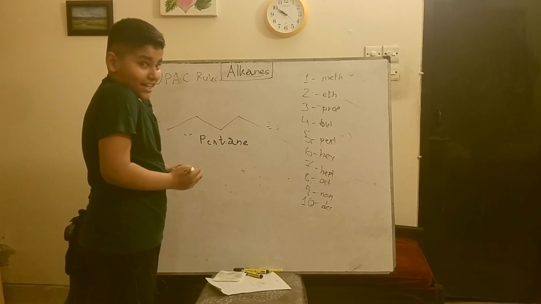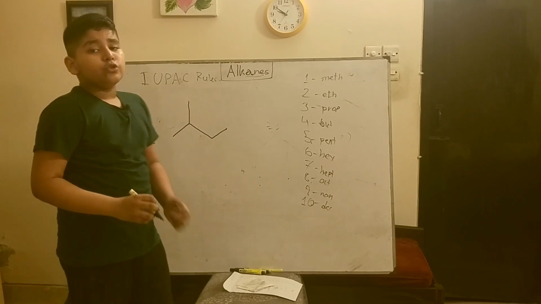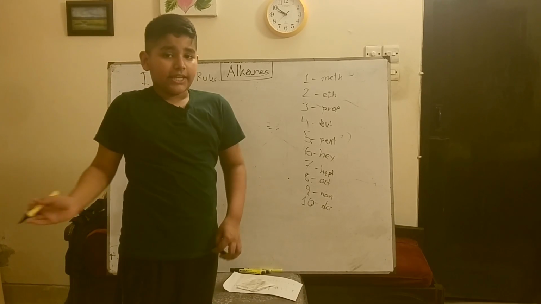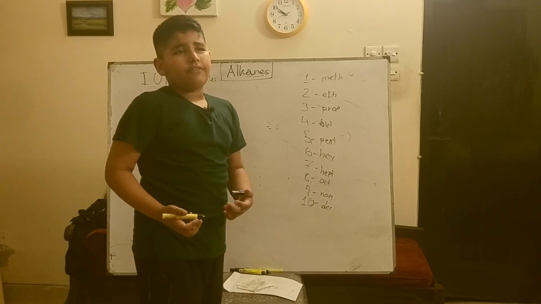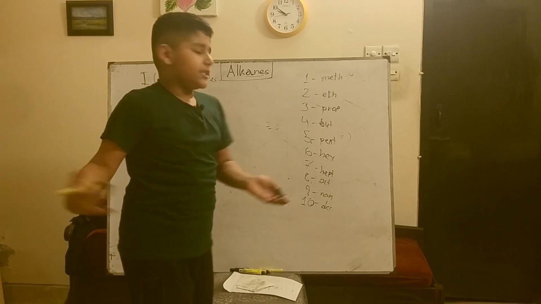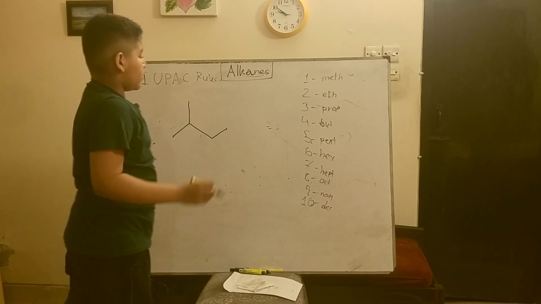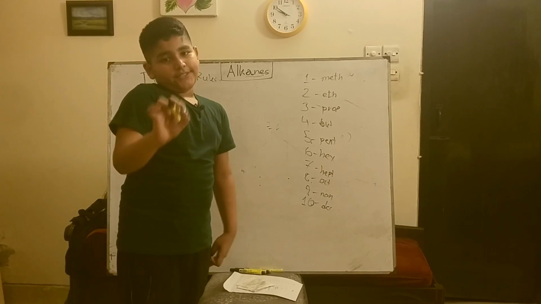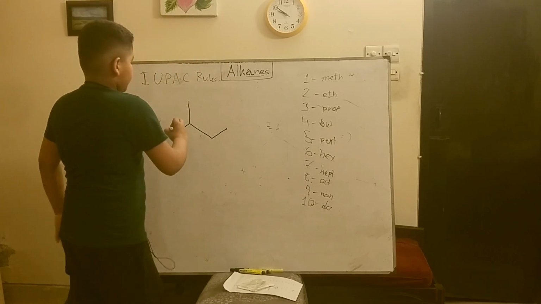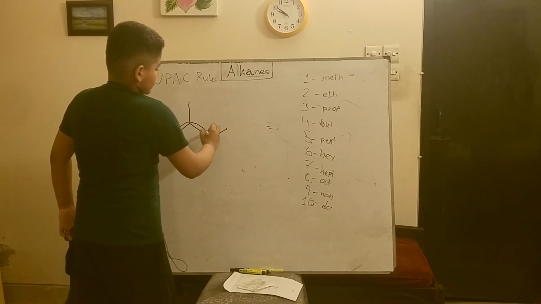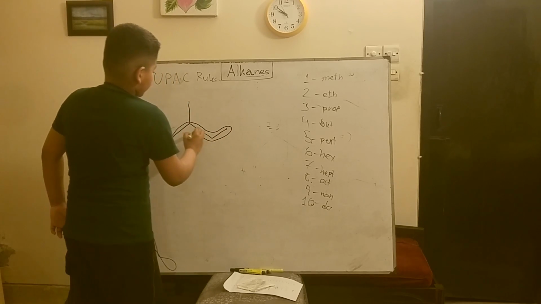That rhymed, kinda. Now, usually you wouldn't have a molecule like that. You'll always have a branched hydrocarbon. Something like this. Here we have to identify the longest carbon chain, which is this. This is the longest carbon chain.